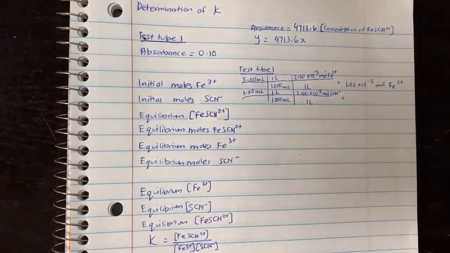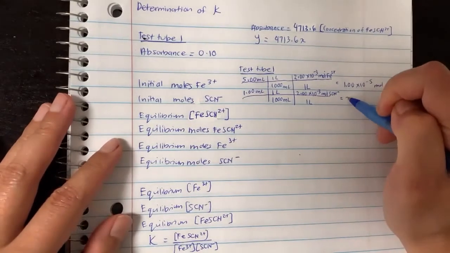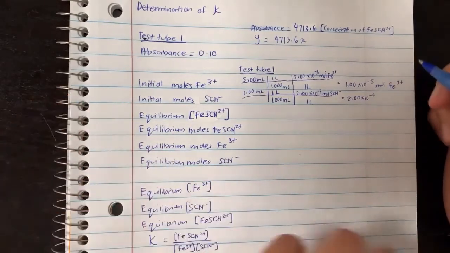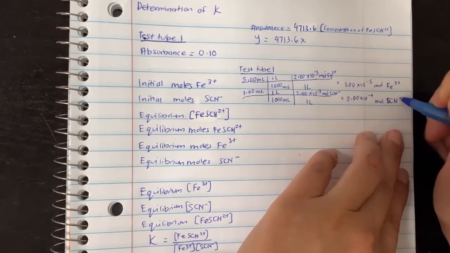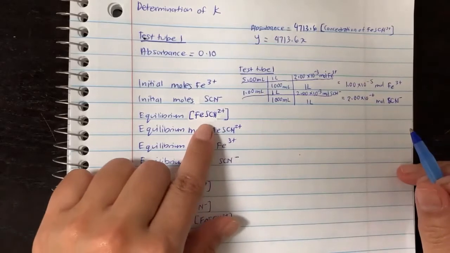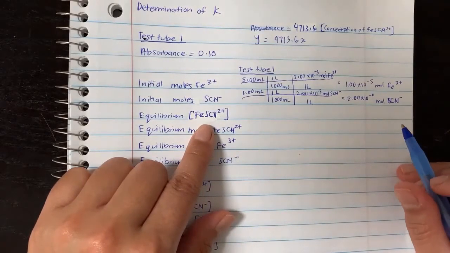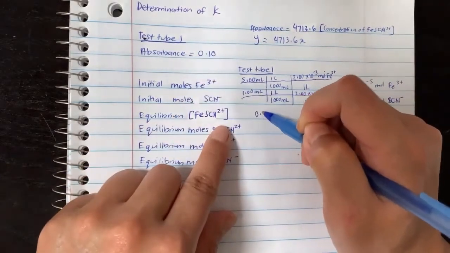When you put this into your calculator, you should get 2.00 times 10 to the minus 6 moles of SCN negative.